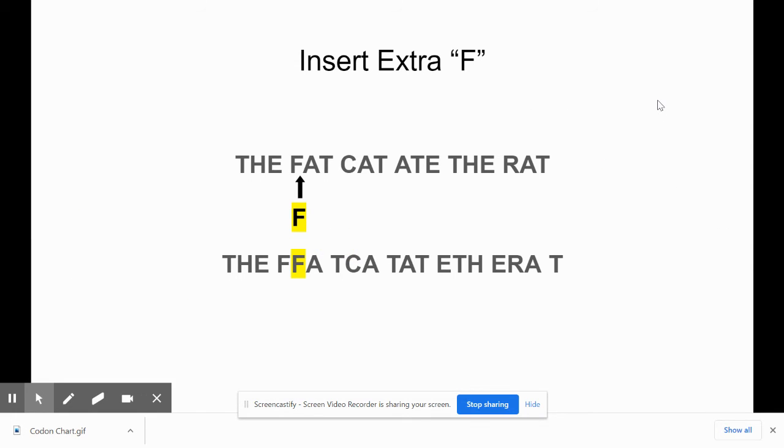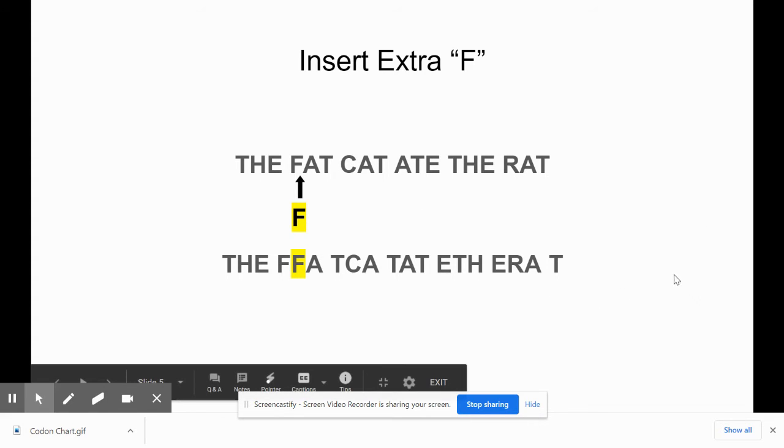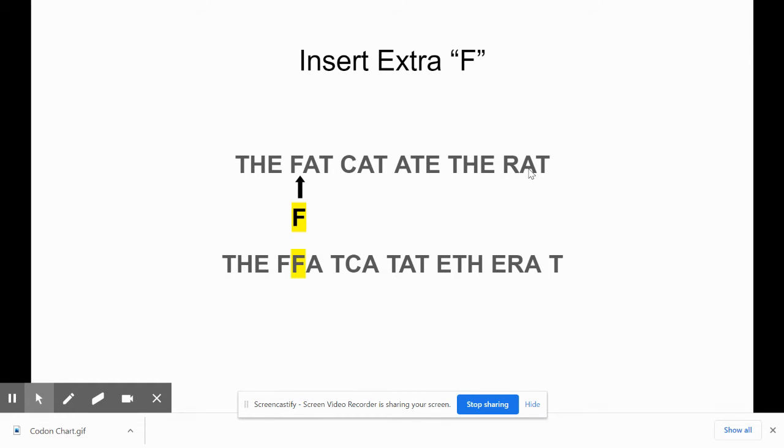So before we talk about the insertion and deletion errors, I want to show what's meant by a frame shift. If we have a series of words here that are all three-letter words, the fat cat ate the rat. Now we can all picture in our minds what the fat cat eating a rat is about.